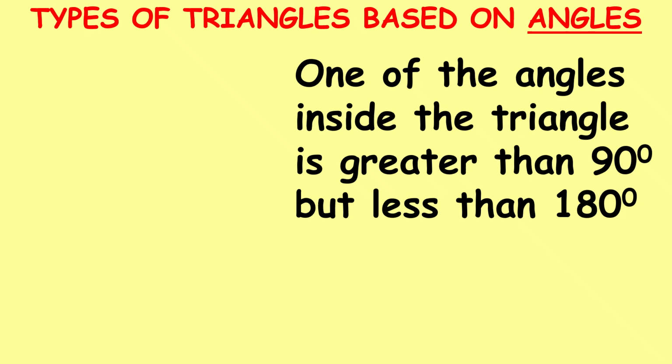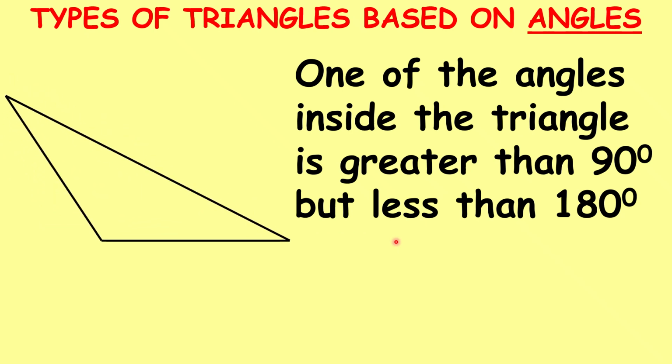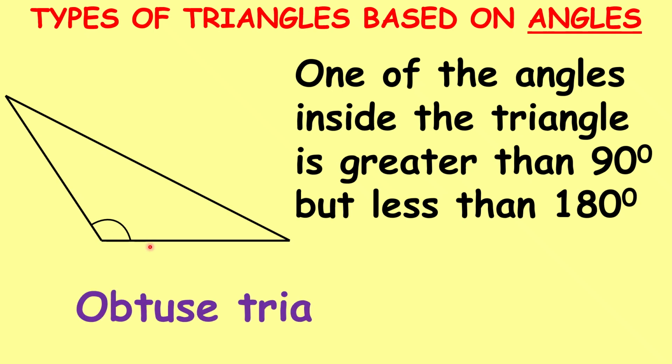And in this particular scenario, one of the angles is greater than 90 degrees, but less than 180 degrees. So one of the angles in this particular triangle, which is this one here, is greater than 90 degrees, but less than 180 degrees. And this is called an obtuse triangle.